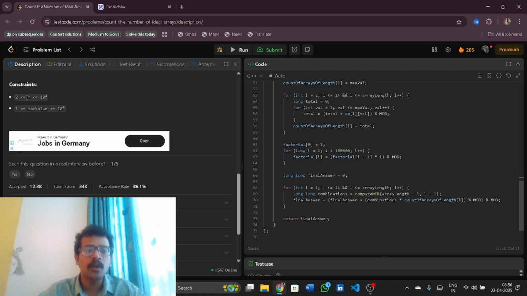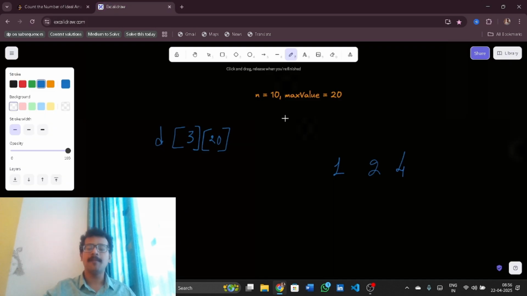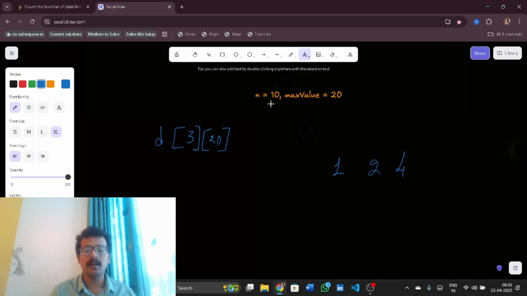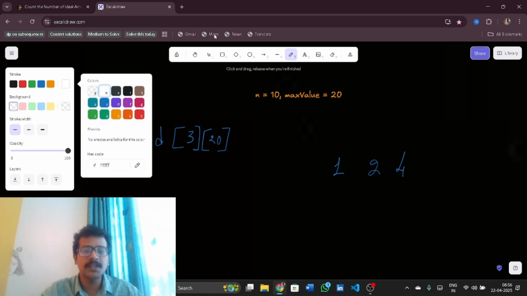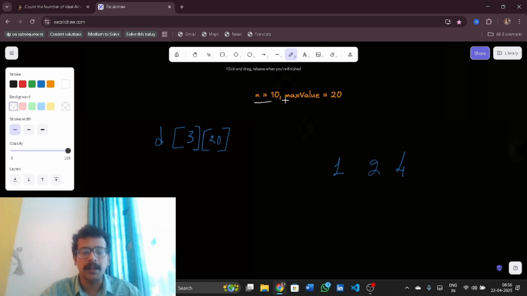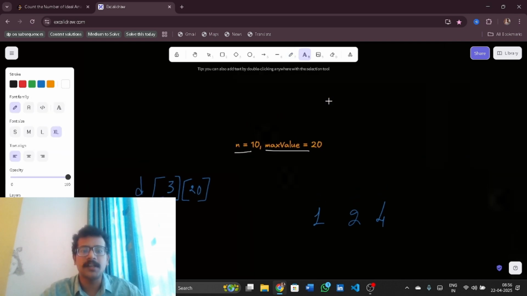So we cannot generate all the valid or ideal arrays, which will take much time, and we cannot use recursion either. But wait, imagine n is 10 and the maximum value given is 20. Let me first take these two concepts.